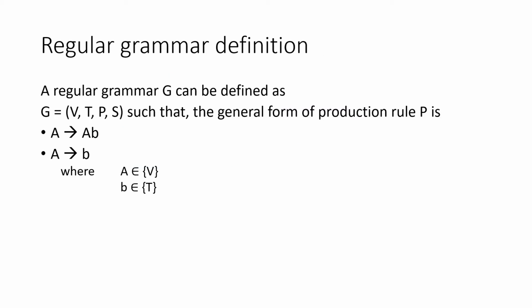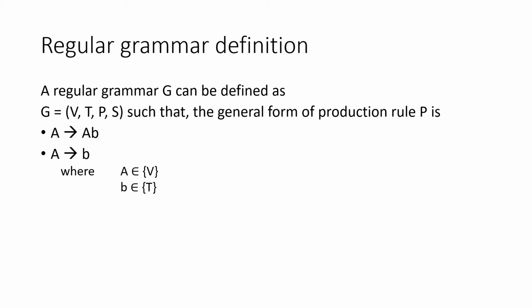By definition of a regular grammar, a grammar G is equal to V, T, P and S, the combination of these four entities, where V is the set of non-terminals, T is the set of terminals, P is the set of production rules and S is the start symbol.